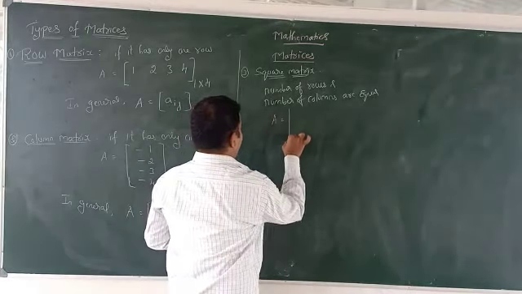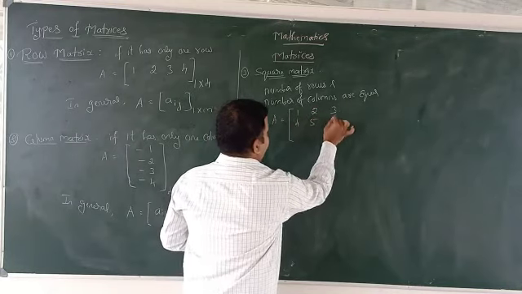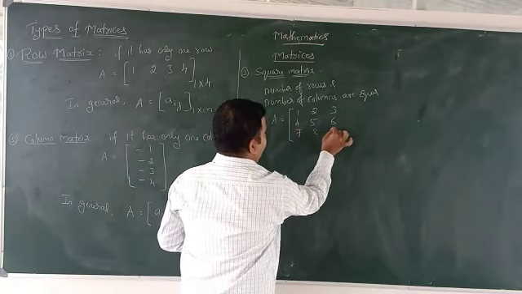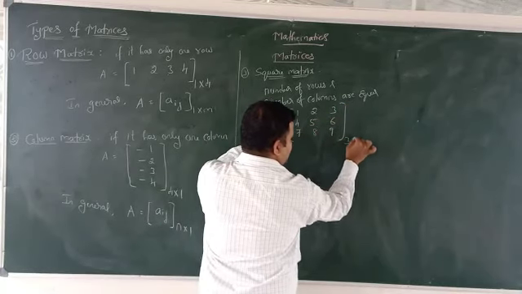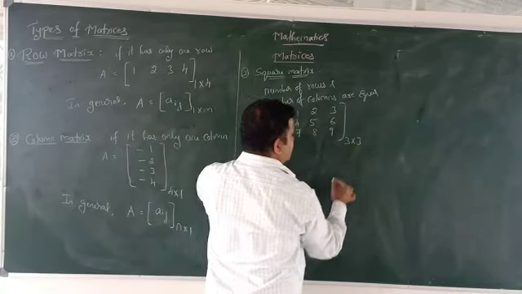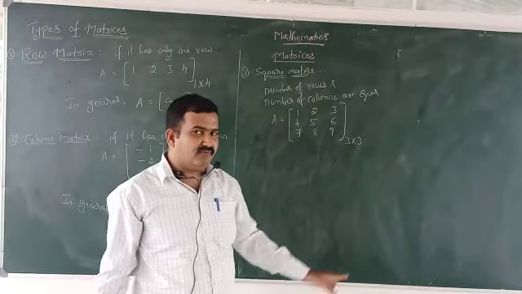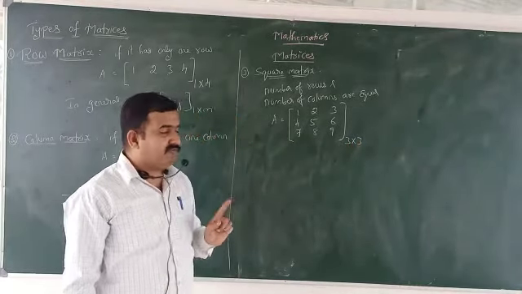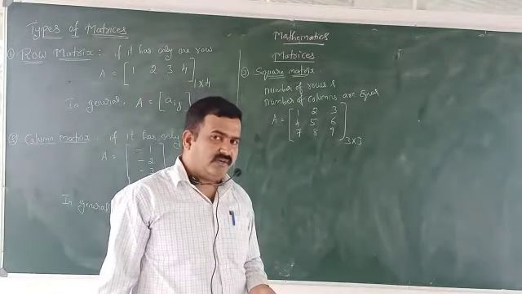If you take A equals 1, 2, 3, 4, 5, 6, 7, 8, 9, the number of rows is 3 and the number of columns is 3. So 3 cross 3 means we have an equal number of rows and columns. Then we say that it is a square matrix.